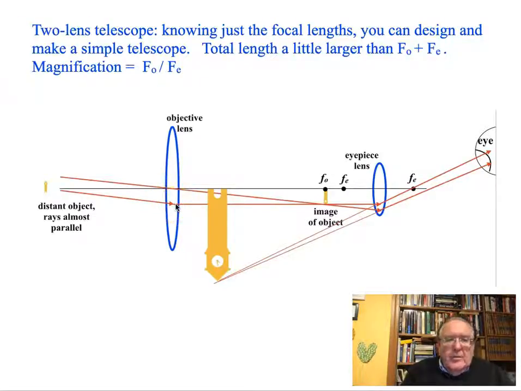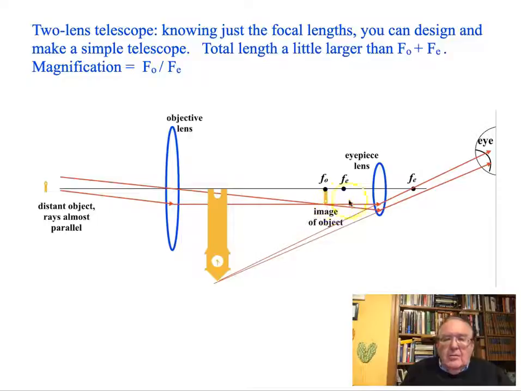Because it comes from far away, the lens bends it into a ray which is parallel. Those two rays now come together at approximately where the focal length of the lens is, all right? Because the rays came in from infinity, they have to come together at the focal length. So this is the image of the object.